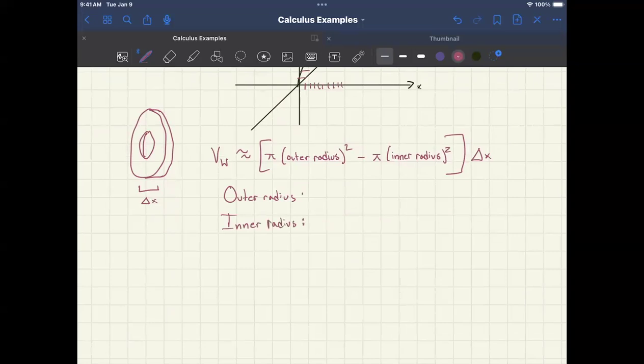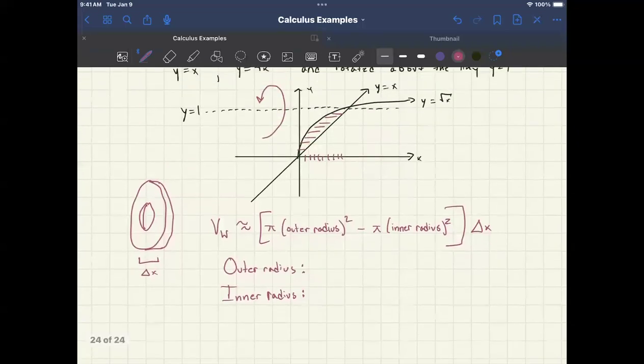To figure these out, I want to scroll up to our picture here. Our outer radius is going to be, notice we are going from all the way to the top to our line y equals x. So this is going to end up being 1 minus y, which is the same thing as 1 minus x.